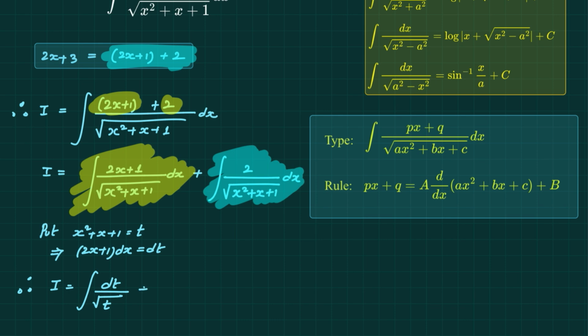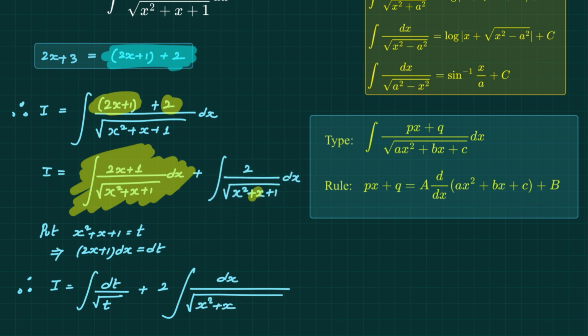So here it will be plus, since 2 is constant, the integration of dx over the square root of x square plus x, and since the coefficient of x is 1 here, we will multiply 1 with 1 by 2, which will give 1 by 2, and we will add and subtract the square of 1 by 2. So here adding (1 by 2) whole square and subtracting (1 by 2) whole square, plus 1 is at last.